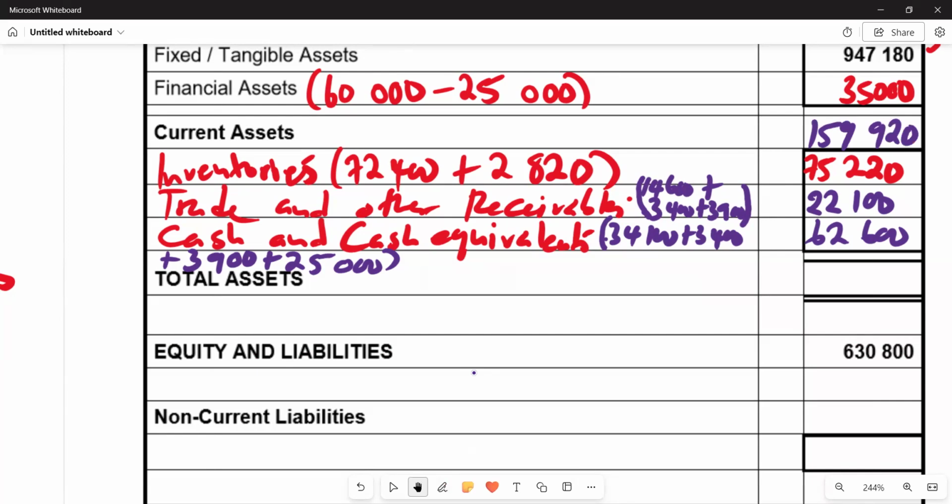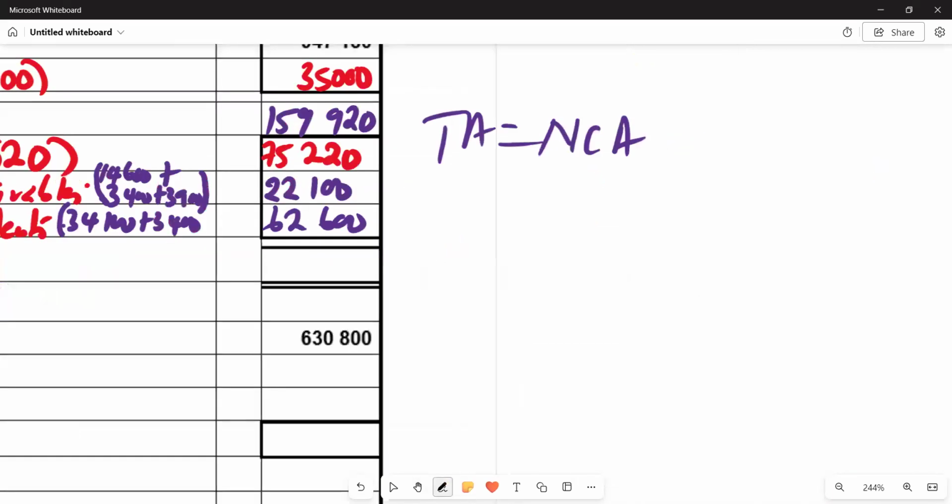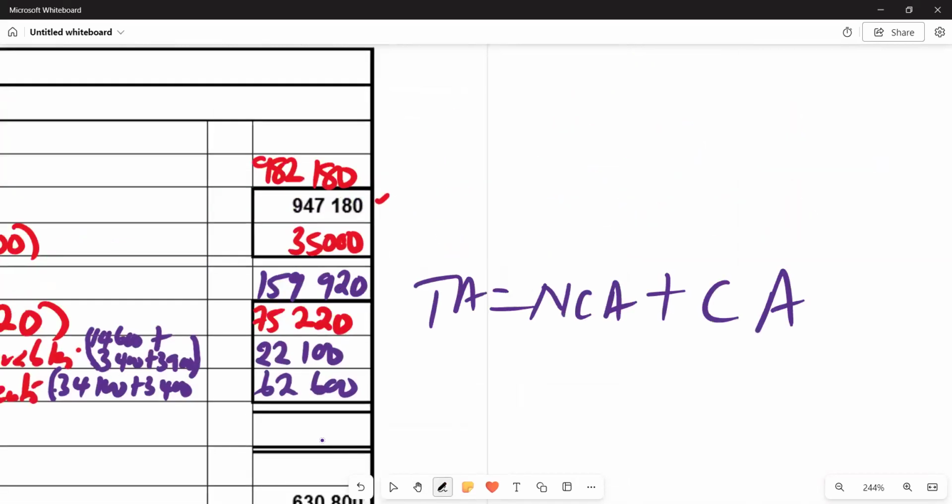Then we are now on the section where we want to calculate our total assets. Remember, to get your total assets, you are going to say total assets is equal to non-current assets, and then you add your current assets. So exactly is what we are trying to do here.